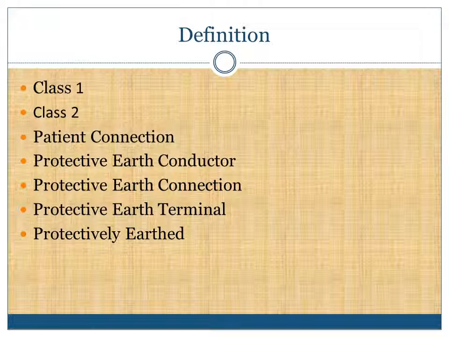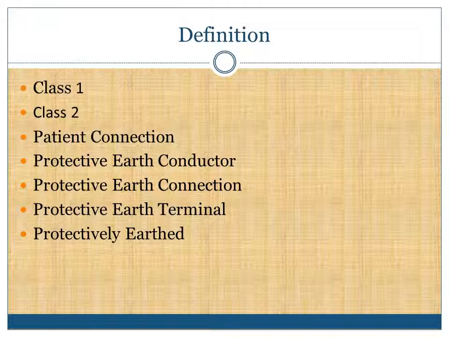Patient connection is the individual point on the applied part through which current can flow between the patient and the equipment in normal condition or single fault condition. Protective earth conductor means any conductor to be connected between the protective earth terminal and an external protective earthing system. Protective earth connection is the connection to the protective earth terminal provided for protective purposes.